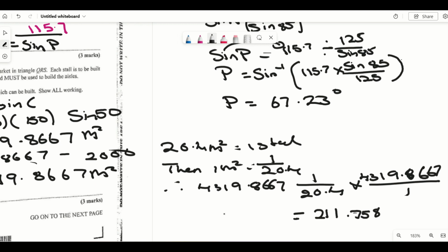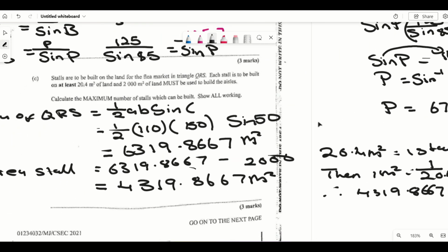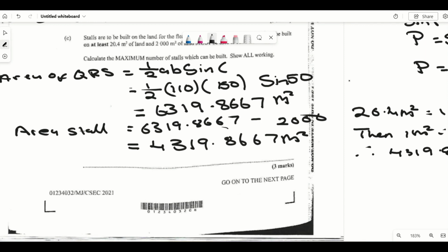You cannot have 0.758 of a stall, so this is going to be 211 stalls, and that would be your answer for this part here, 211 stalls.